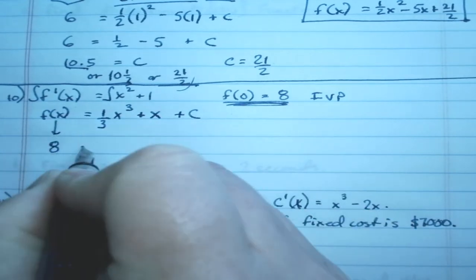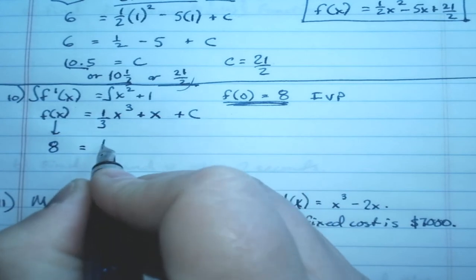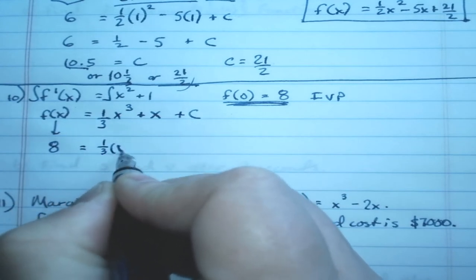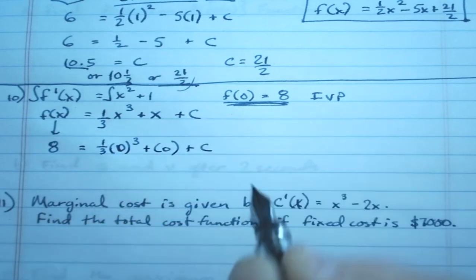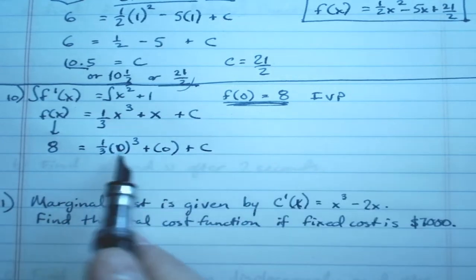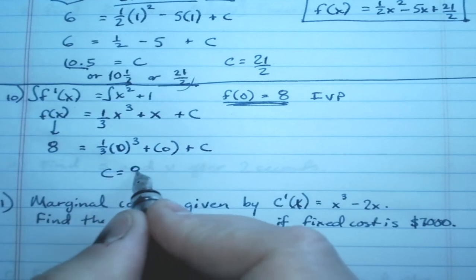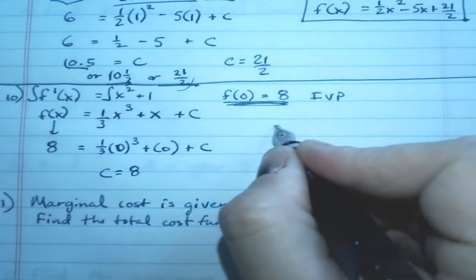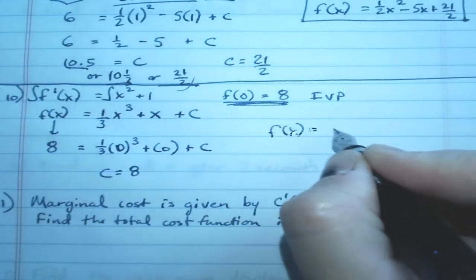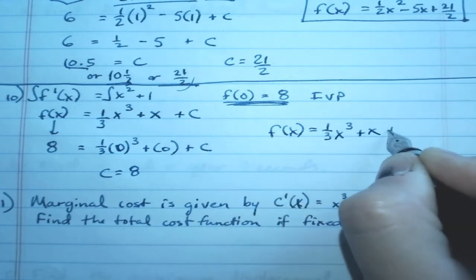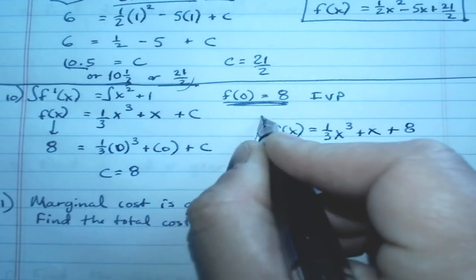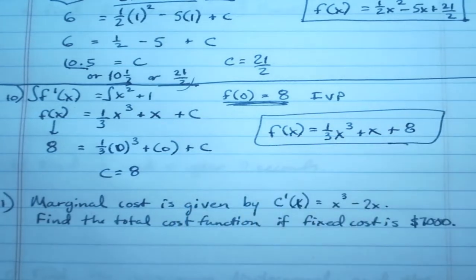So that's 8, and that's going to be 0, and that's going to be 0. And a beautiful thing happens is that c equals 8. And so f of x is 1/3 x cubed plus x plus 8. And that's our initial value problem solved.